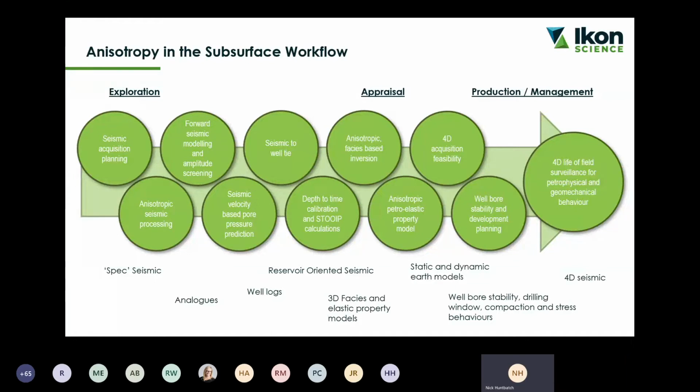When we move through to our seismic forward modeling and amplitude screening, we should factor in anisotropy in the modeling. So, that's a case of understanding if we've got measurement errors in the elastic logs. Do we know what the true isotropic properties of each facies that we're looking at modeling is? Are our synthetic models that we're coming up with, the reflectivity, are they appropriate to compare to the seismic?